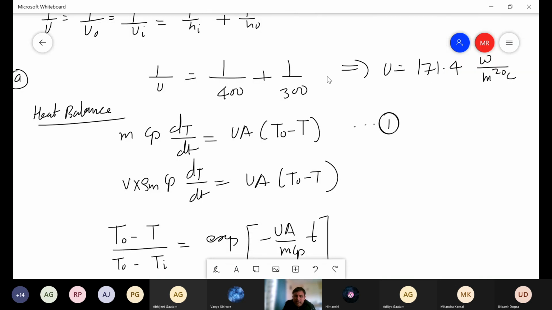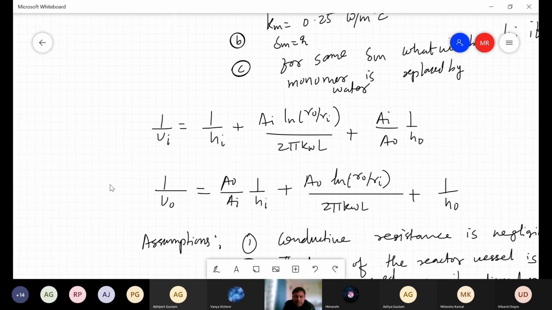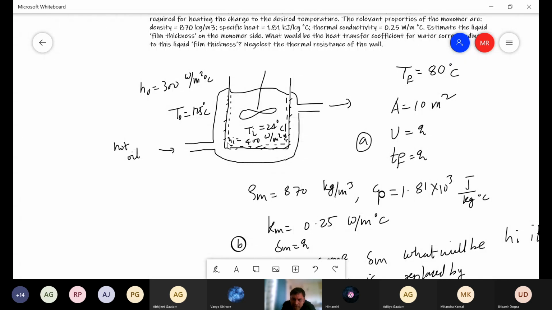If I go back and look at the system, this is the system. HI is already given as 400, and inside there will be a film. This inside monomer film, that thickness we wanted to calculate.